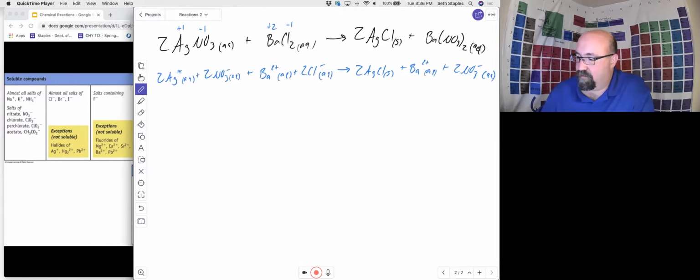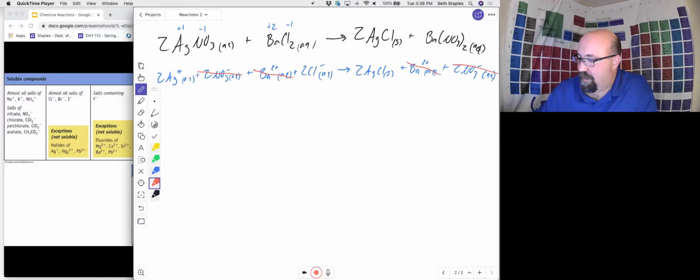Our next step is to determine our spectator ions, and we can cross those right out. We see that we have 2NO3 aqueous reactants and 2NO3 aqueous products. We have a Ba2 plus aqueous reactant, Ba2 plus aqueous product. So those can disappear.